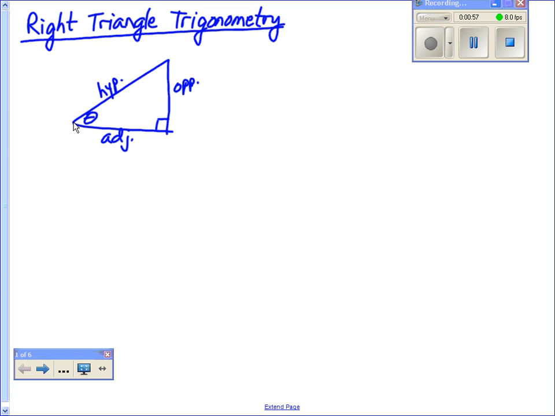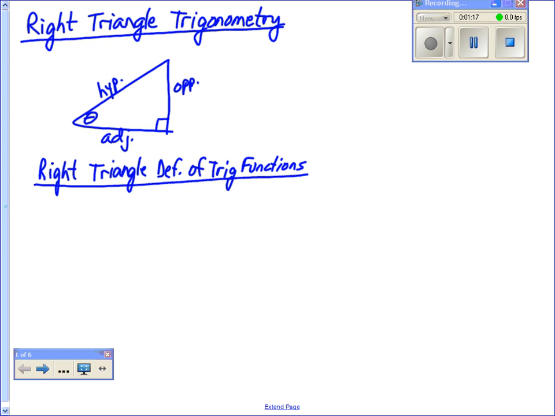And from that, we have your right triangle definitions of the 6 trig functions. There are a few ways you can remember this, but theta in this sense has to be an acute angle of a right triangle.